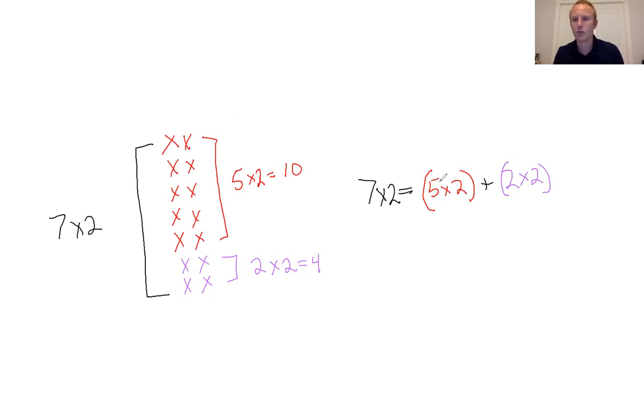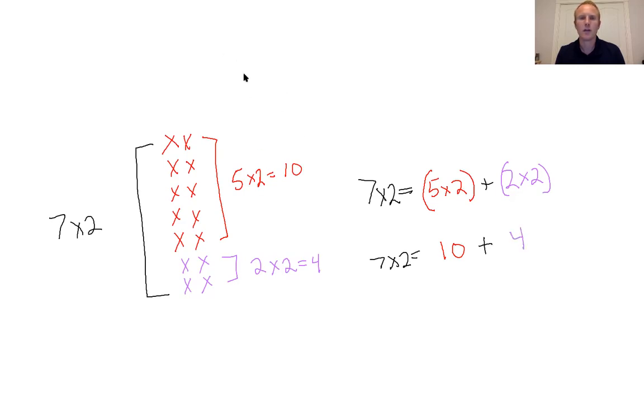So it's showing that we do this 5 times 2 together, and we do this 2 times 2 together first, and then we add them together. So the next step would be to rewrite this as 7 times 2 equals, so I'll keep the colors consistent here, 10 plus 4.